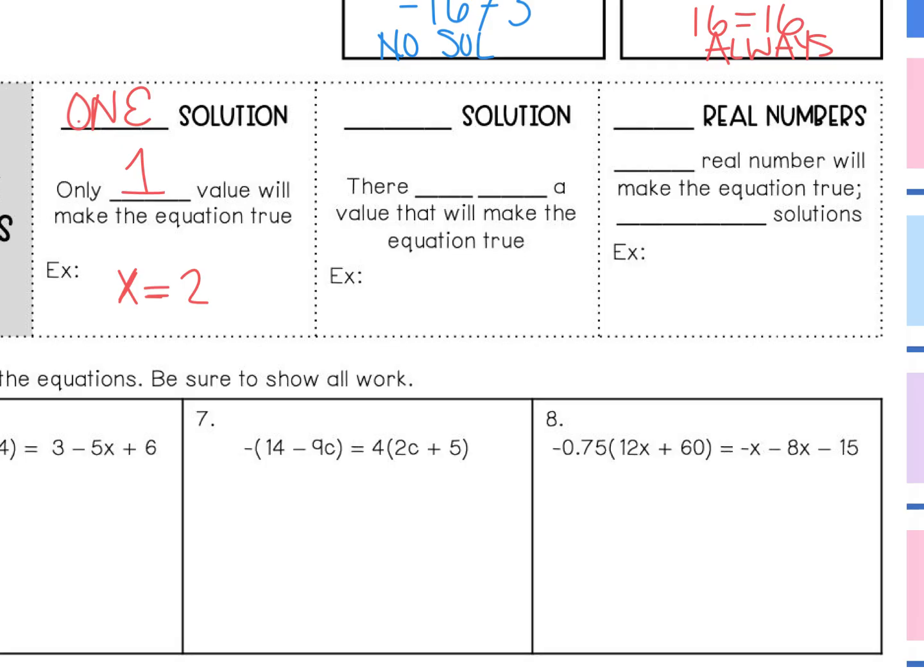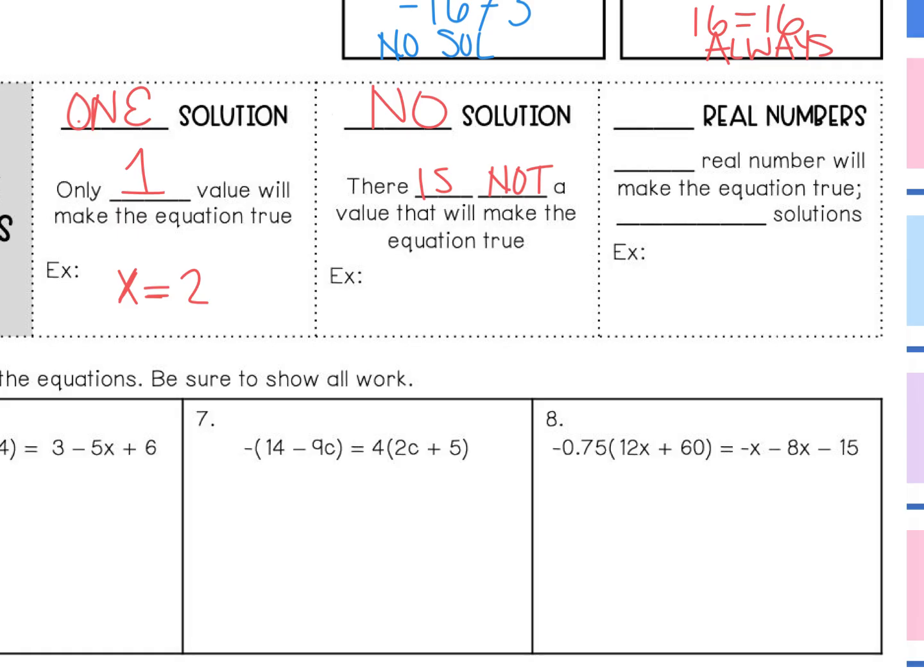We can have infinite solutions. Actually, I did that one backwards. This one is not infinite. This one is no solution. My bad. I didn't read the description. My fault. This is no solution. There is not a value that will make the equation true.